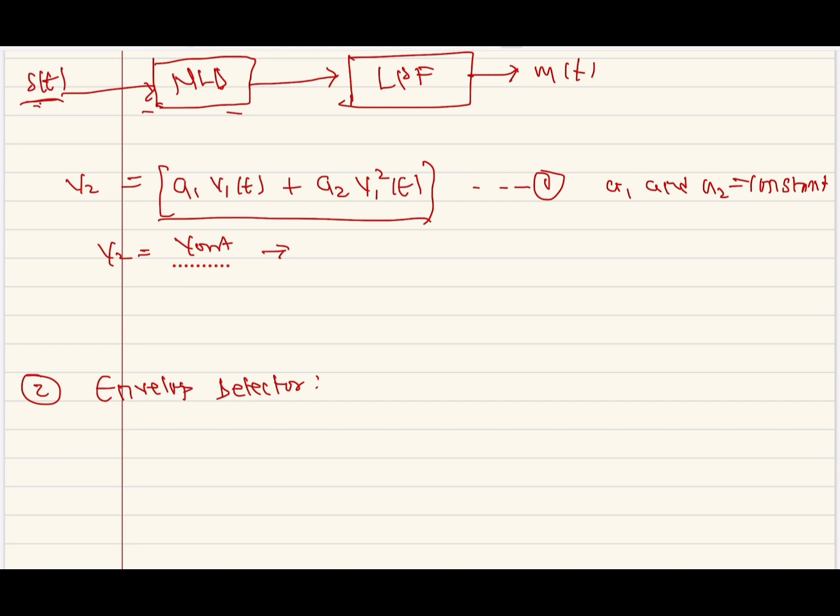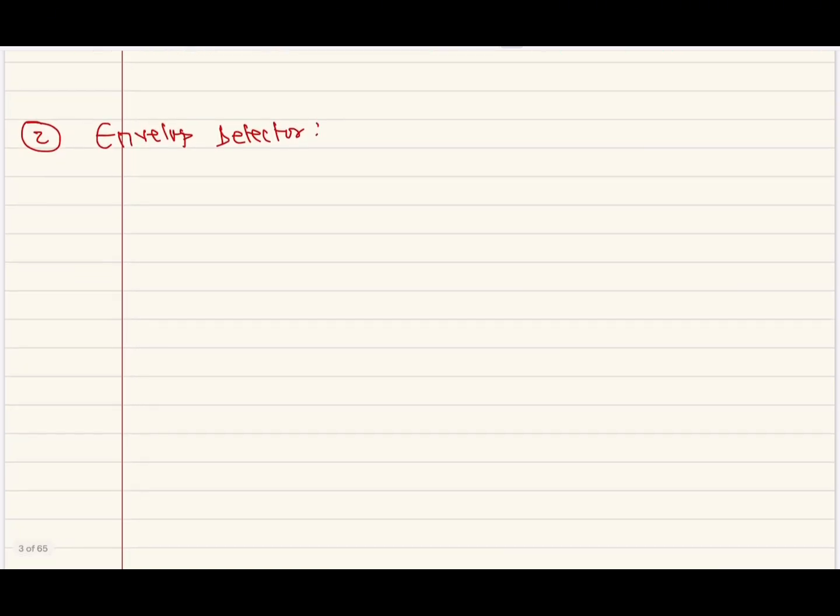This envelope detector is more or less the same as the switching method, because we are going to use the same diode. This detector is going to help us detect a higher level AM wave. Aside from that, you have to note that the square law demodulator also helps us demodulate a low level AM wave. So for higher level AM waves, we use the envelope detectors.